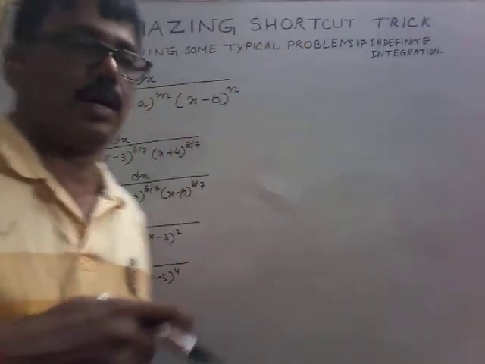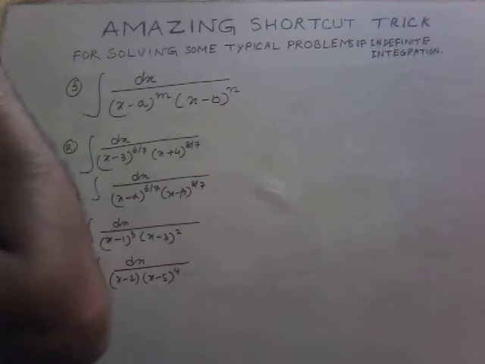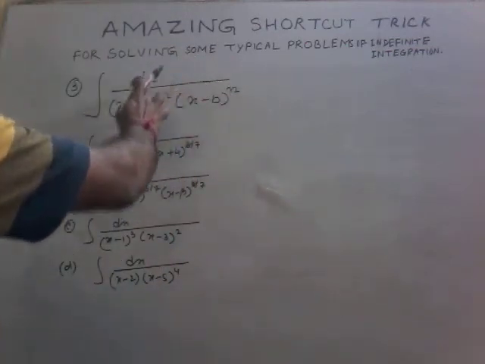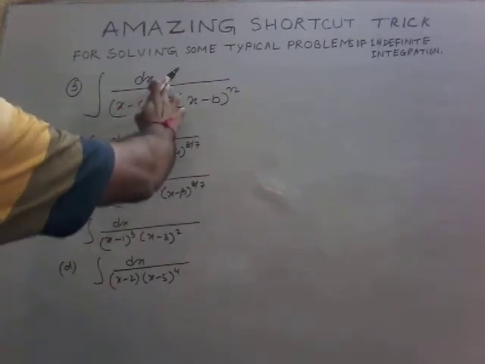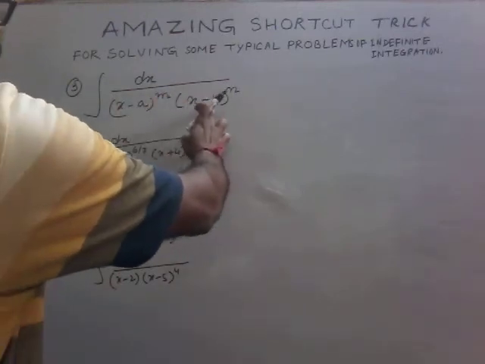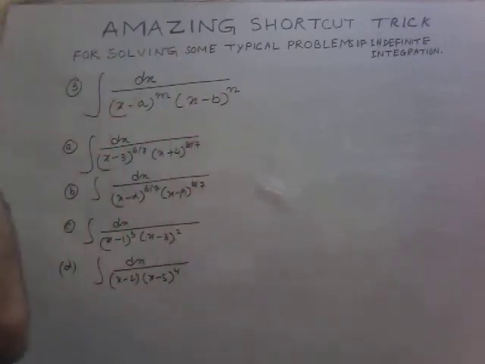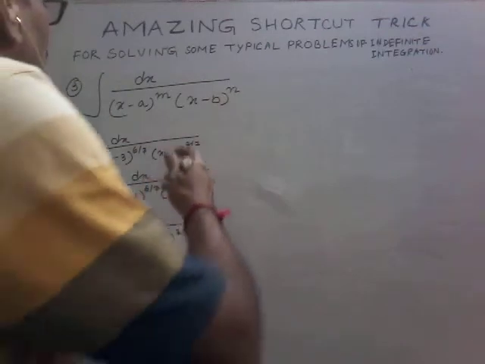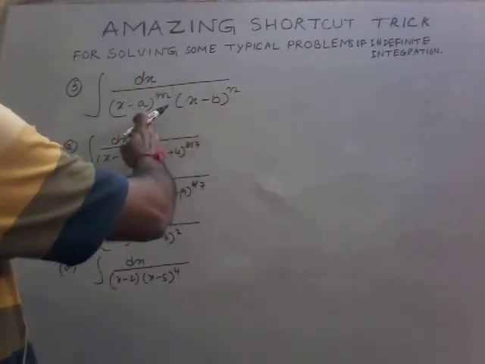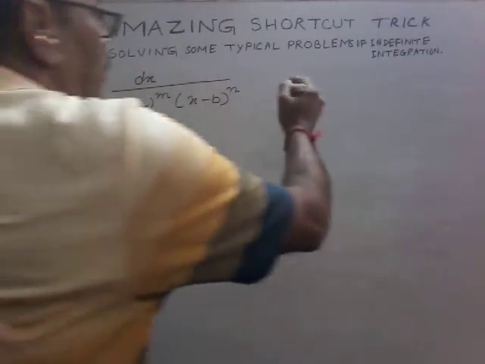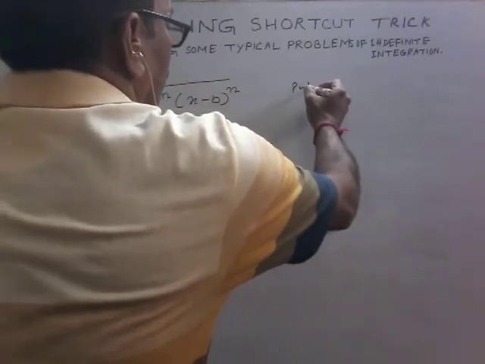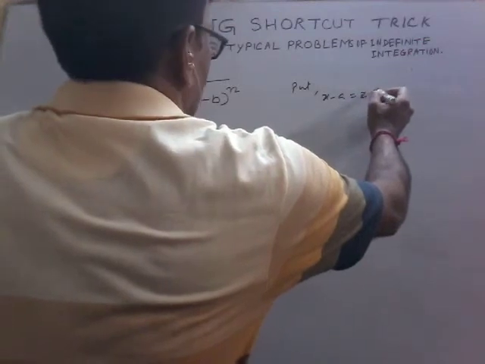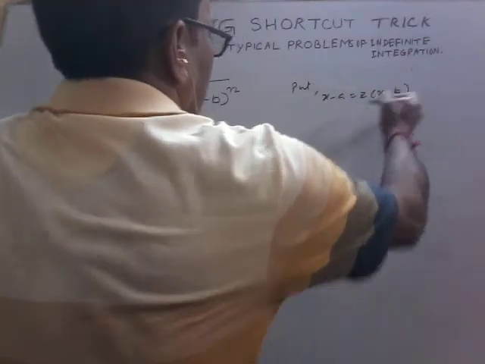Now we consider a third type of indefinite integration, dx by (x minus a) whole to the power m into (x minus b) whole to the power n. For this type of integration, we have to put this transformation: x minus a equals z into (x minus b).